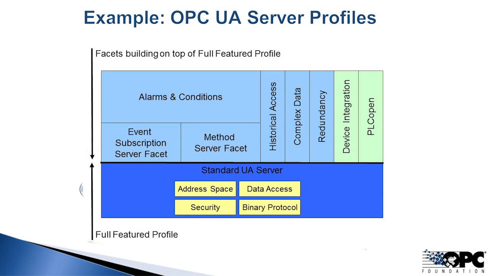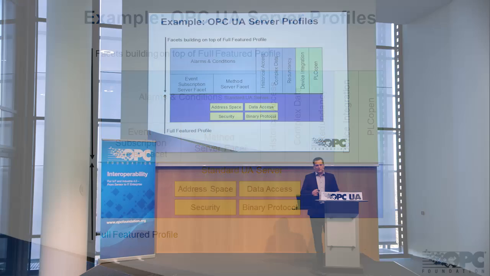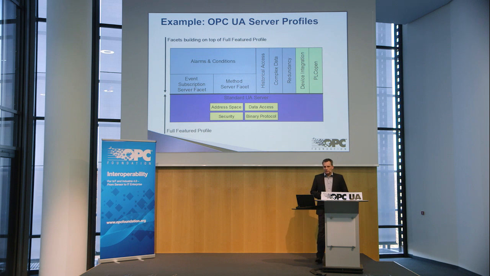In addition to that, you can have other profiles and facets building on top of a standard profile, which is historical access, complex data, redundancy, or even your companion specification models that can add features and facets here. So with this concept of profiles and conformance units, we can describe the functionality of a server.